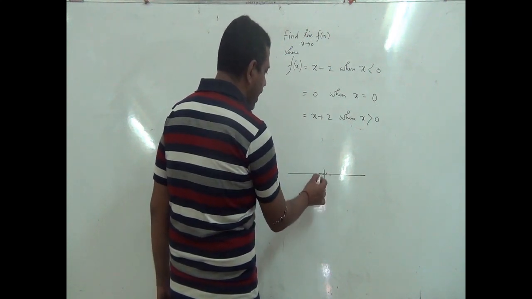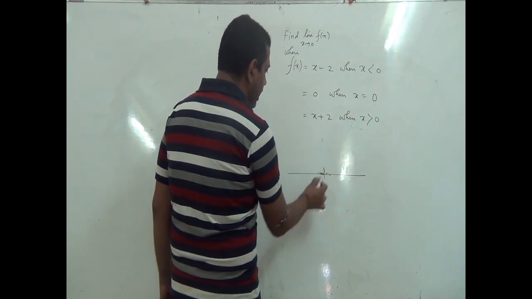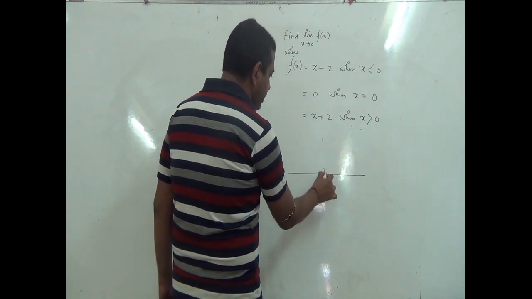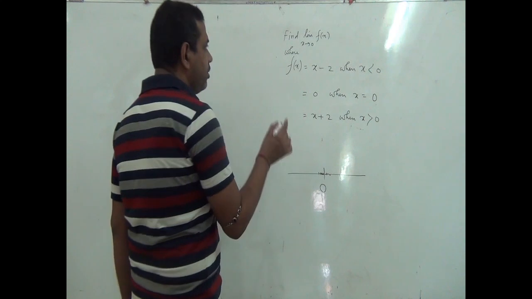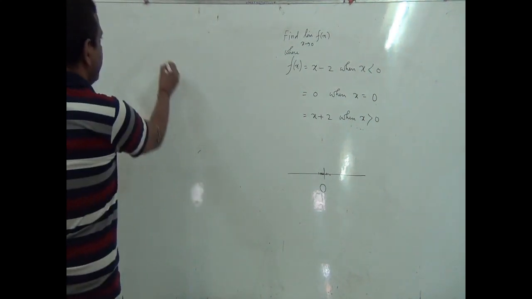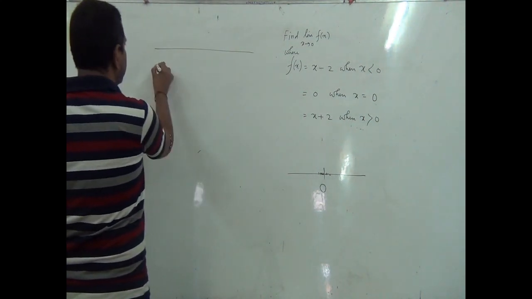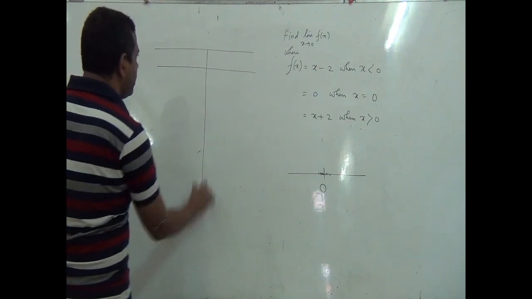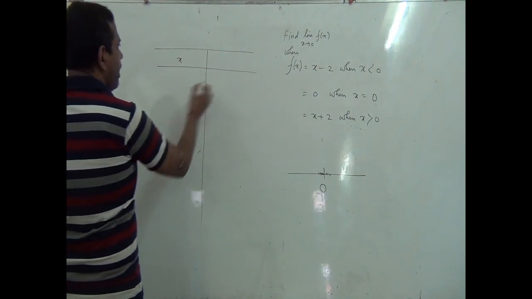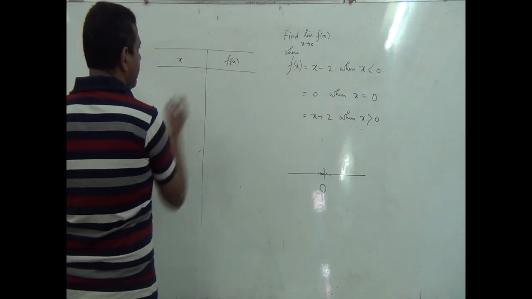So our x takes values less than 0 and greater than 0, near about 0 but not equal to 0. So for this we prepare a table. Column 1 x and column 2 f of x.